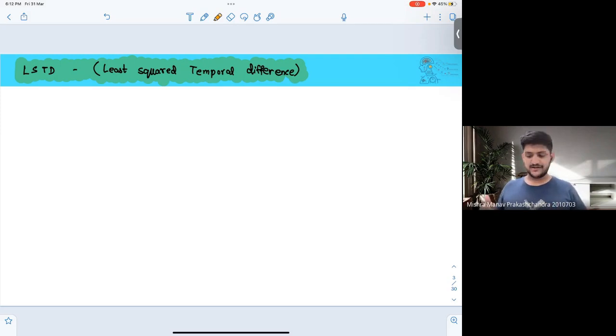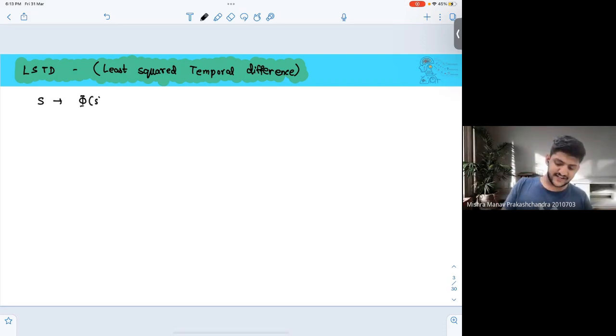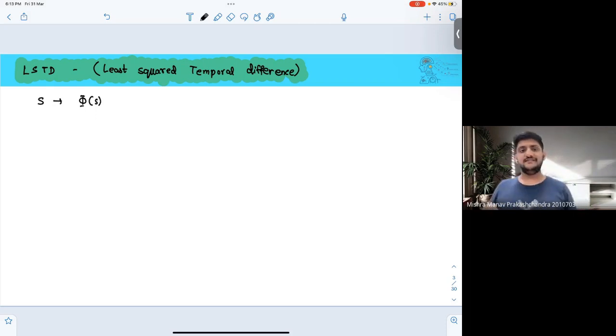And the algorithm works in the following way. Okay, so firstly, we need to understand that all states that we have need to be mapped to a phi representation. Okay, that means phi is some kind of parameter that contains the essential information of a given state, which is fed into the regression model to generate the target or the appropriate value functions.